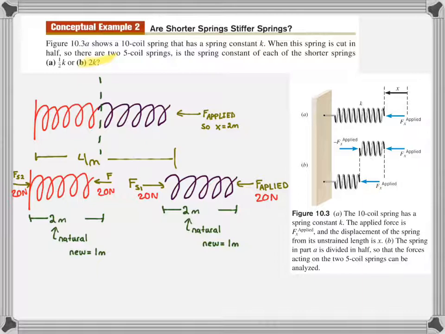So if we look at the 5 coils in red, we applied 20 newtons of force, and we compressed the spring from 2 meters to 1 meter. Now we have to think about it. Now we have 5 coils. The same force that once was able to cause a displacement of 2 meters is now only causing a displacement of 1 meter.